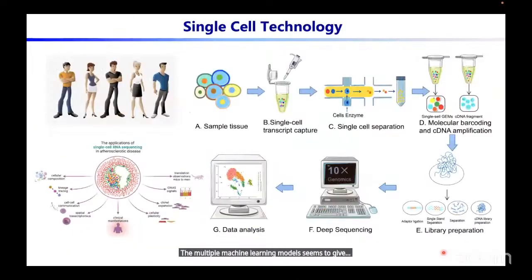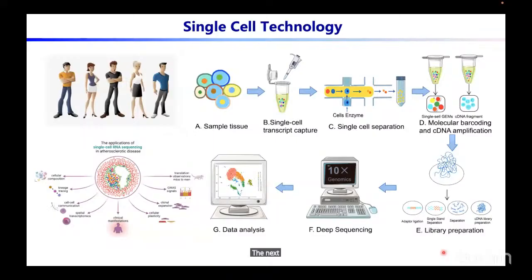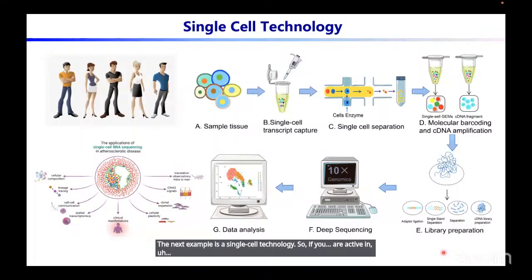the good performance. Okay. The next example is single cell technology. If you are active in molecular biomedicine in those fields, you notice that single cell technologies are popular ones.